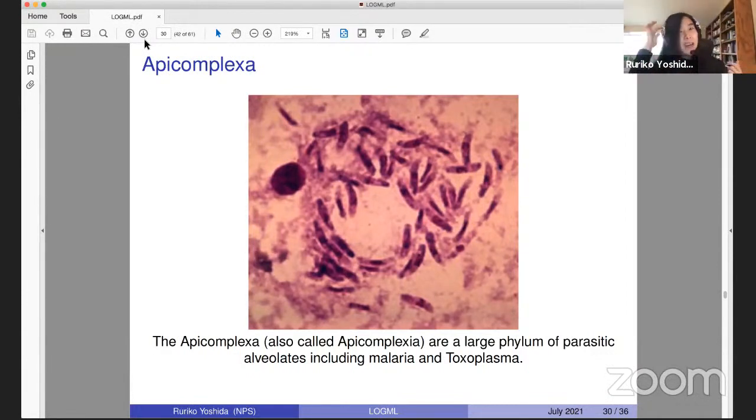So toxoplasma, when they are maturing, growing up, they are inside of the mouse. And when they want to mate, they are controlling the little mouse's brain, and the little mouse is getting attracted to cat's urine.